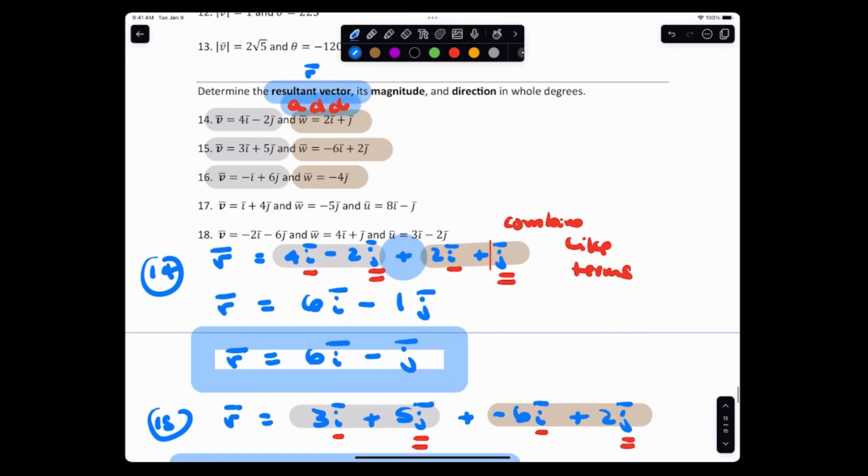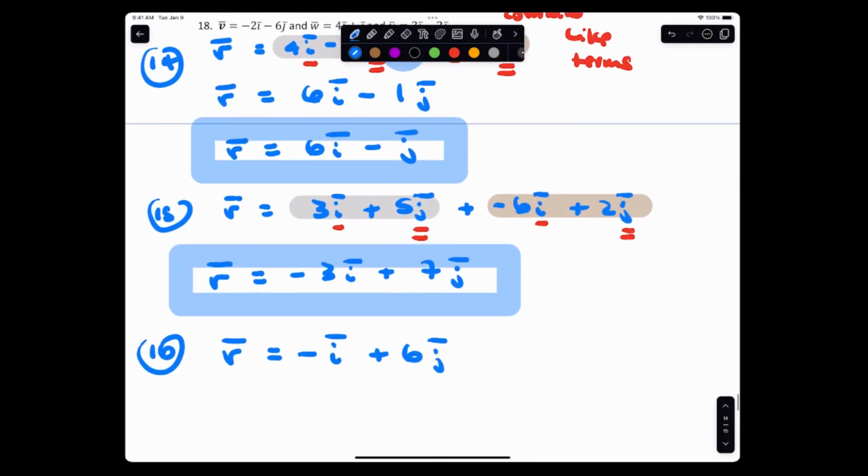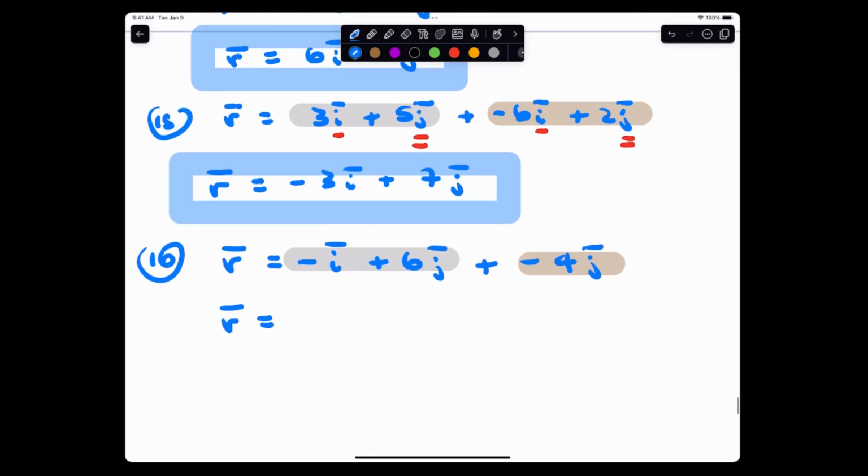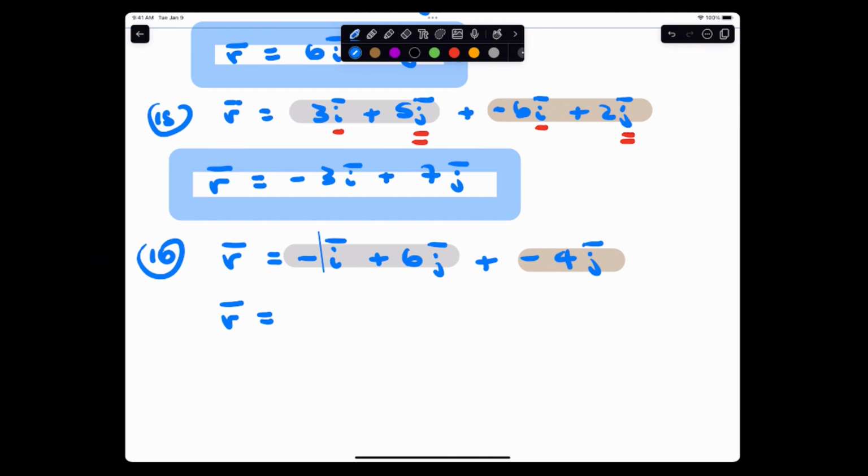This is vector v plus vector w, that's minus 4j. So what happens when you add those two vectors? Isn't there a 1 there? Negative 1i. Oh, there is nothing to combine. Stays the same. Good.